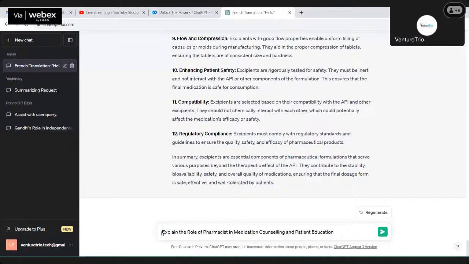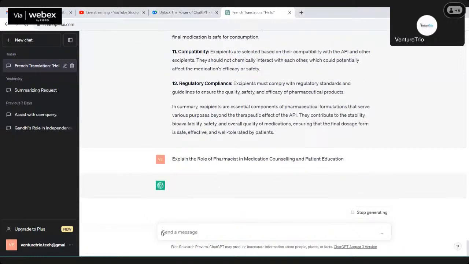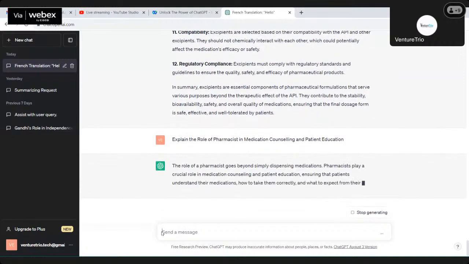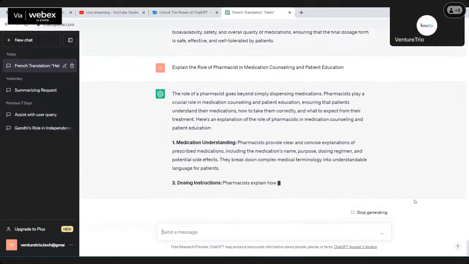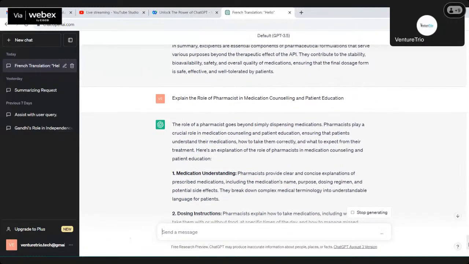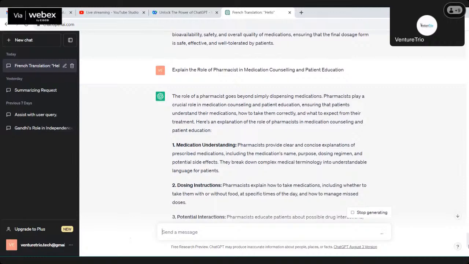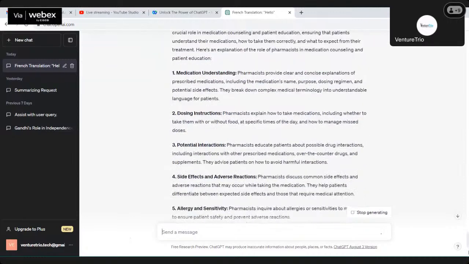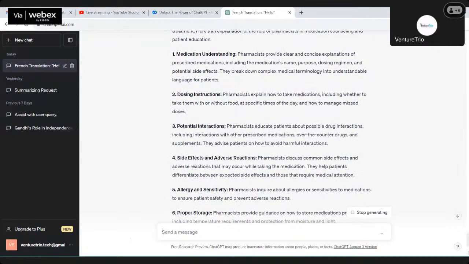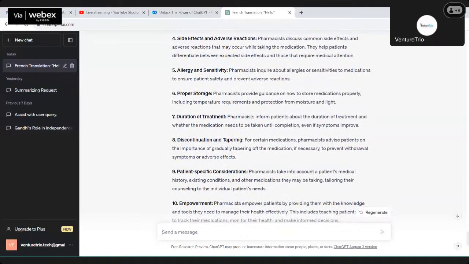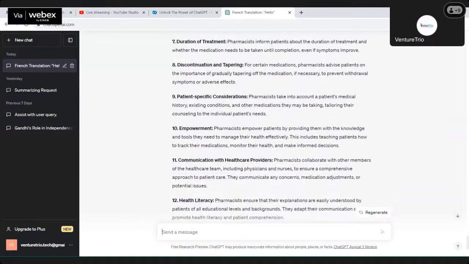Let's try: explain the role of pharmacist in medication counseling and patient education. It will provide the role: medication understanding, dosing instructions, potential interactions, side effects and adverse reactions, allergy and sensitivity, proper storage, and many others.